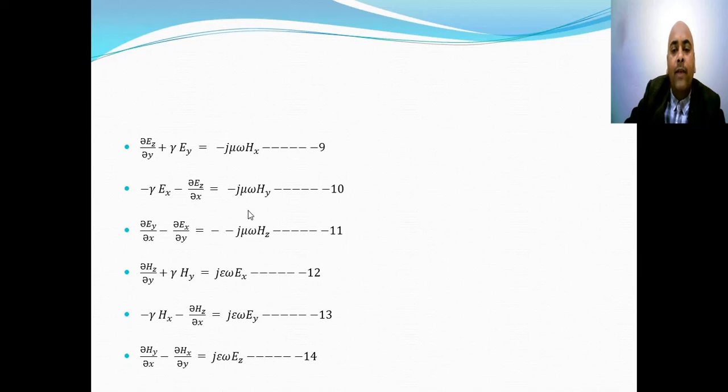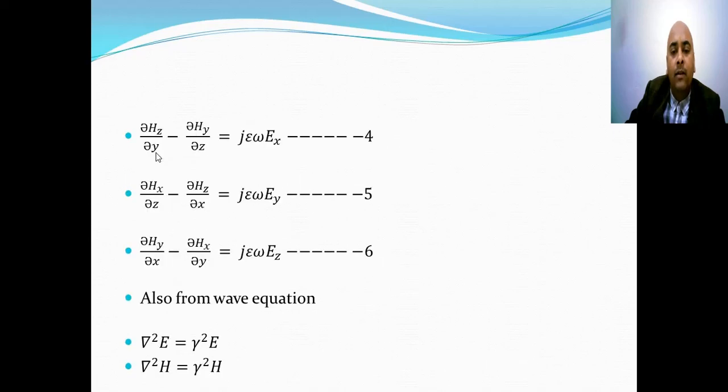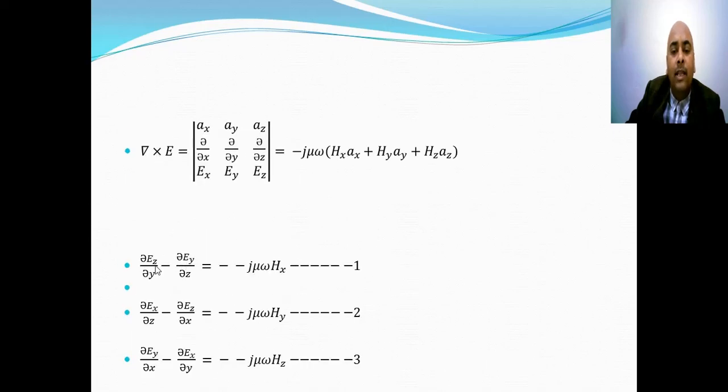Now putting the differentiations with respect to curly z in equations 1 to 6, from equation 1 we obtain that curly Ez upon curly y minus, in place of curly Ey upon curly z, we are putting minus gamma Ey, is equal to minus j mu omega Hx.